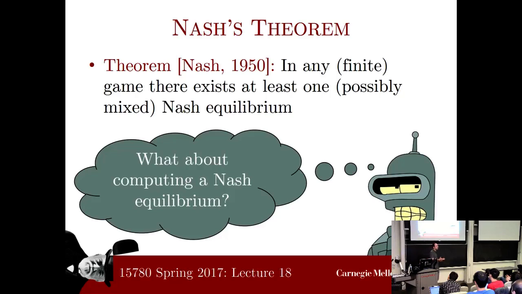So the idea is, they reduced from a different problem where it's very intuitive that there's no polynomial time algorithm for solving that other problem. So that's the situation. Okay, so that's all I'll say about computation of Nash equilibrium for now.